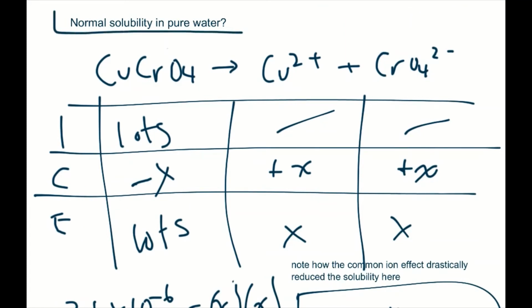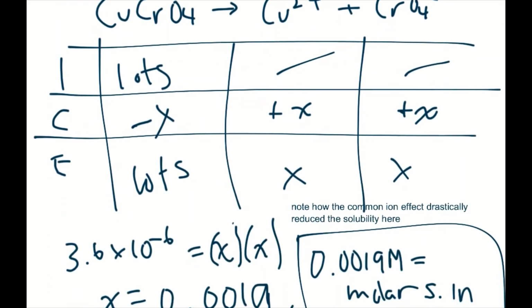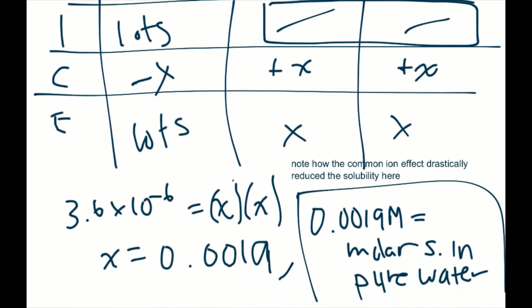Let's try to figure out what the normal solubility of copper(II) chromate is in pure water. So I set up the same ICE chart, but instead I have pure water, so the initial conditions will be nothing since it's pure water and there's no ions in it. And of course, our copper(II) chromate will dissolve, and I solved for x, and it turns out that the molar solubility for copper(II) chromate in pure water is going to be 0.0019 molar.